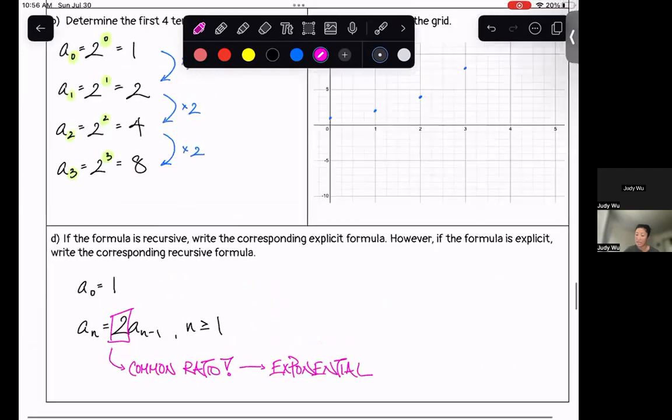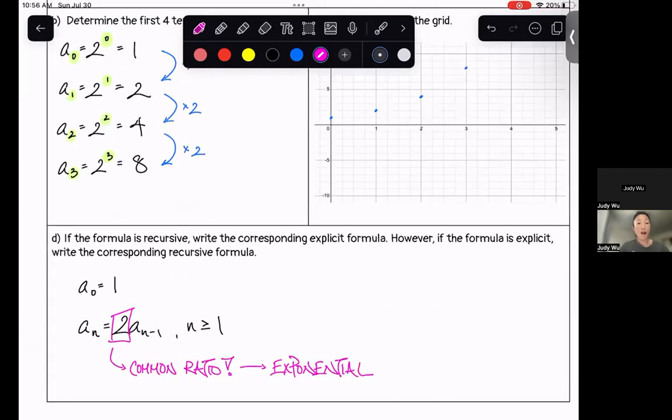If I have a common ratio of 2, that means I'm multiplying by 2 every time. If I had a common ratio of 11, that would mean I'm multiplying by 11 every time. And if I had a common ratio of like 2/3, that would mean that I'm multiplying by 2/3 every single time.